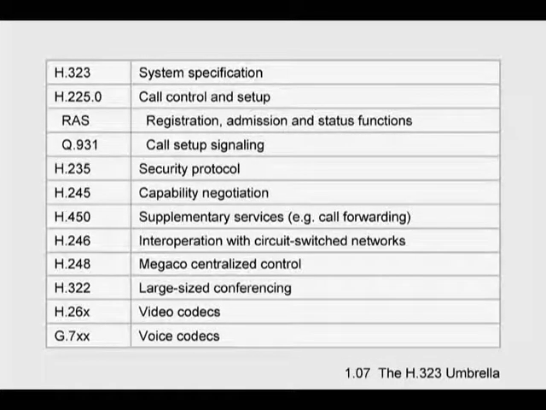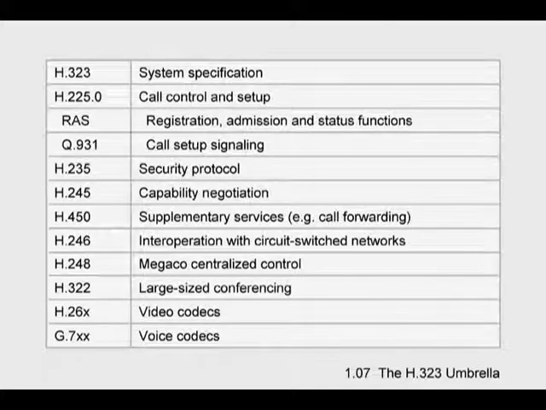And looking down the list, we see that H.245, the capability negotiation, is going to be an important one that we have to discuss. And then we've got towards the bottom the video codecs or H.26 series of standards, the voice codecs or the G.700 series of standards, and there are a number of other ones.